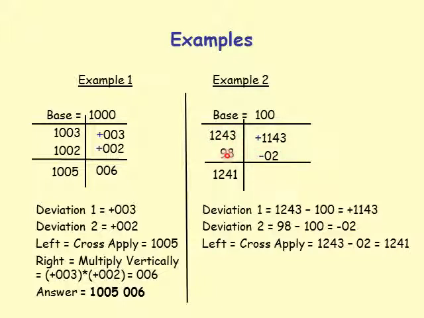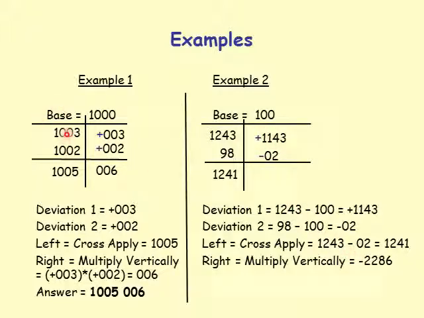You could do the same thing on the right: 98 plus 1143. You get 1241 either way. On the right, we multiply vertically: plus 1143 and minus 02 multiplied together. We get minus 2286.